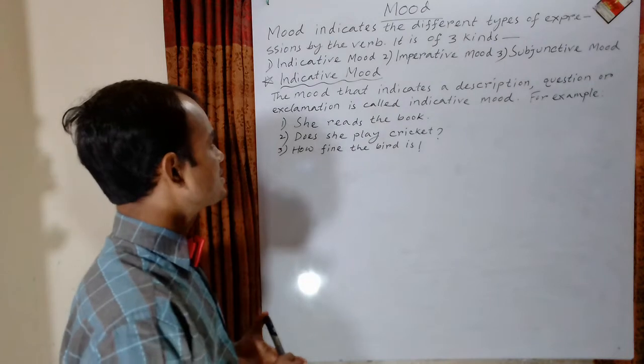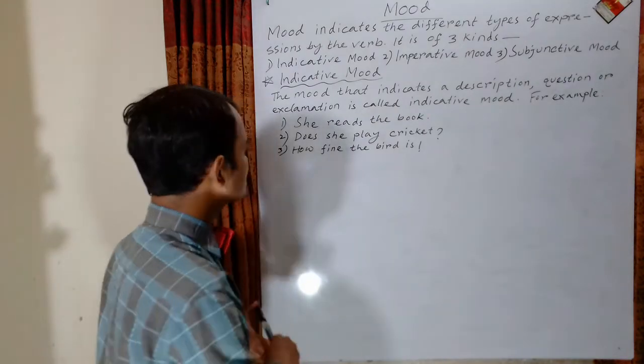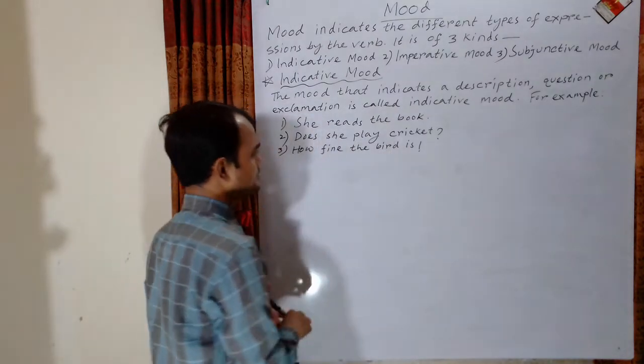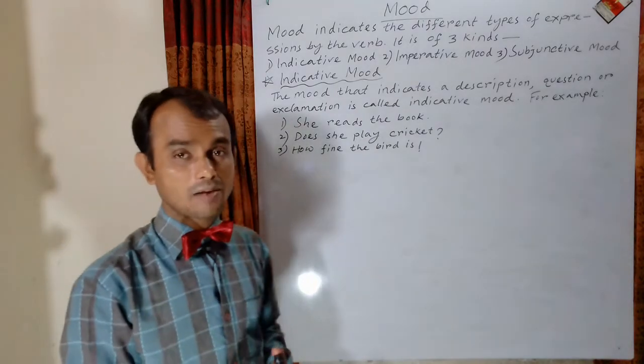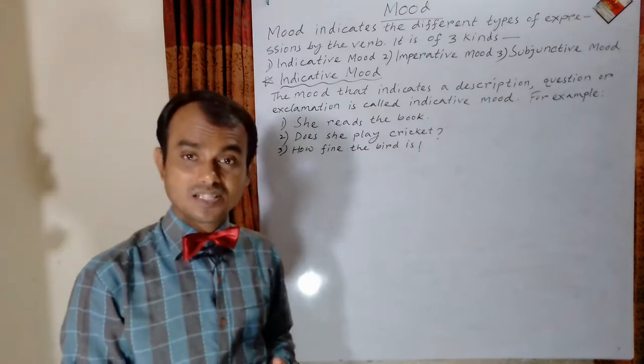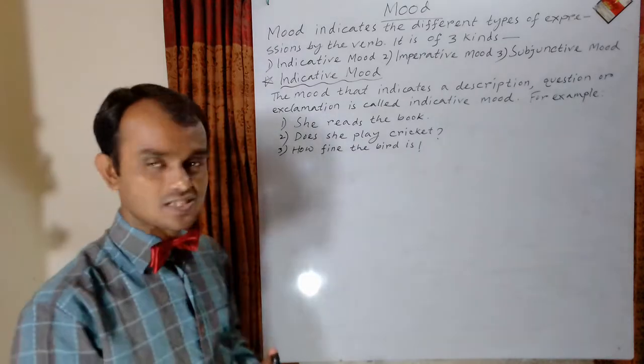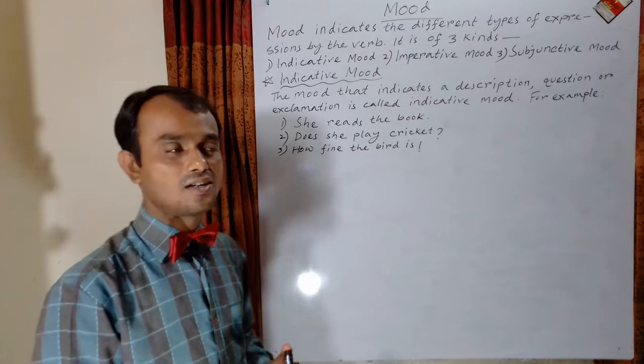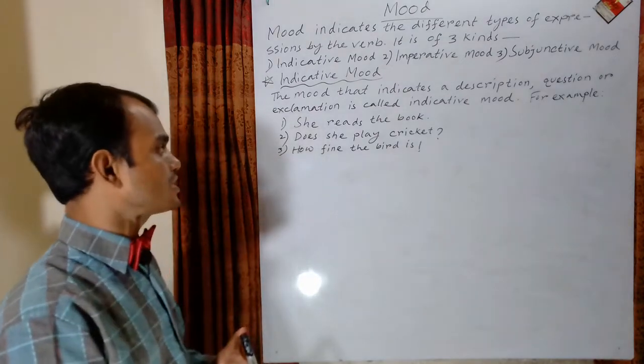For this reason, this is indicative mood. The next sentence, does she play cricket? What does the verb play describe here? No, it questions here. The verb questions in this sentence. For this reason, it is indicative mood.